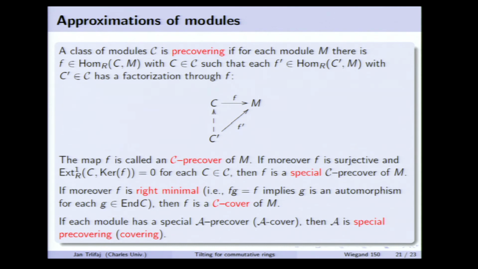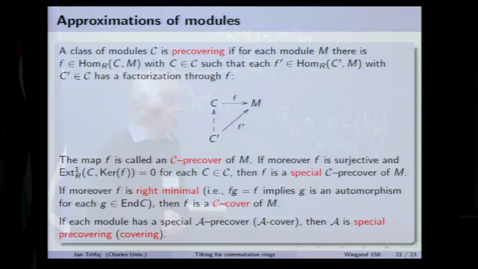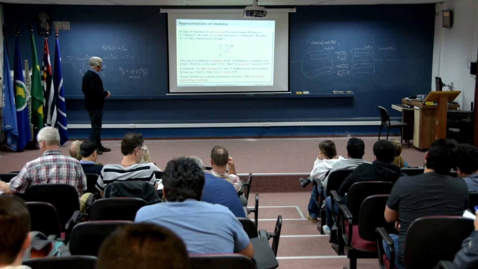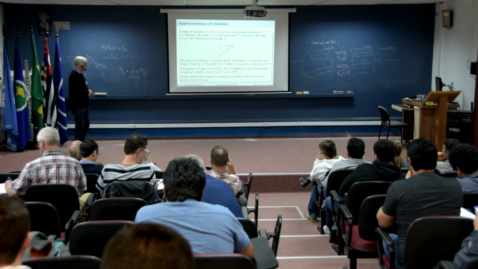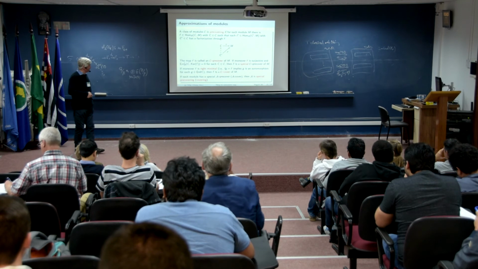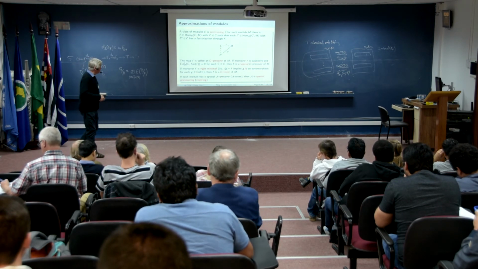So if the class is C, a C-precover is a homomorphism from an element of the class to the module, which is like the best approximation of the module in the class, in the sense that whenever you try to approximate by a different module, a different map, it will factorize, not necessarily uniquely, through this approximation F. If this map is surjective and the kernel is in the perp of C, this is called a special C-precover.